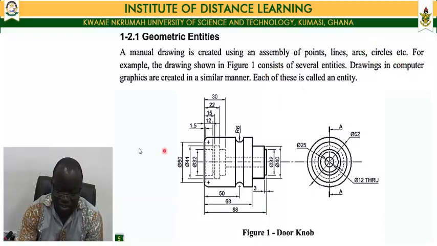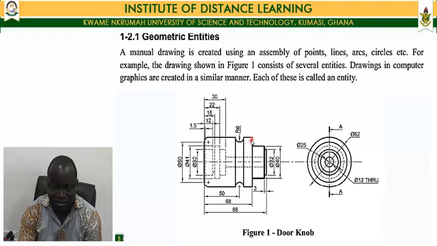Of course, this edge is a line, and then there's a vertex here which is a point. So this knob, which is a door knob that we have in view, is basically made up of points, lines, arcs, and circles.